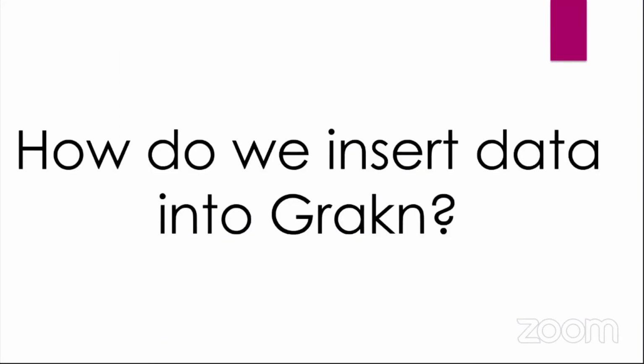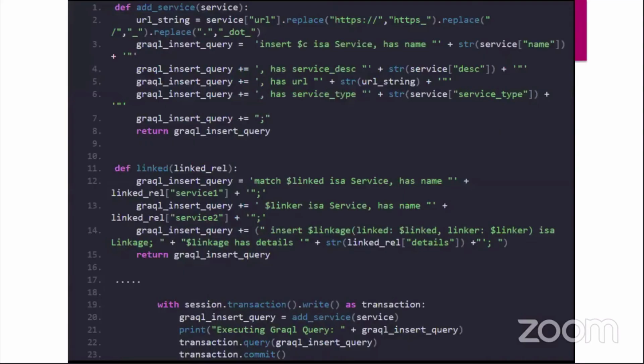So now that we've gotten all this data, we've gotten the product metadata, we've gotten the links of how the products are connected, how do we actually take all this unstructured data and put it into a knowledge graph and into our ontology that we made? So some more complicated code, but it's pretty simple once you break it down. Grakn has its own query language called Graql, but basically you have to do this query.